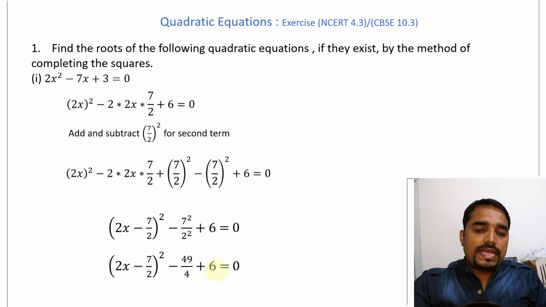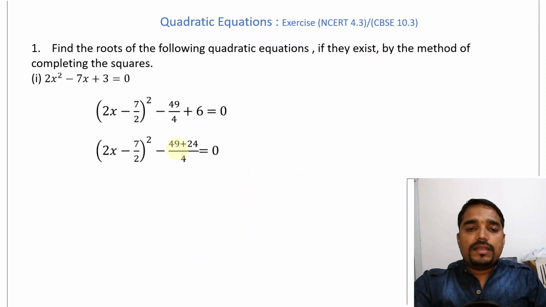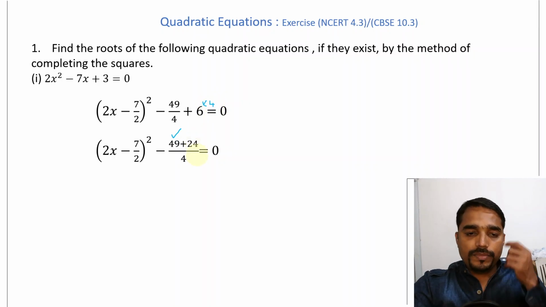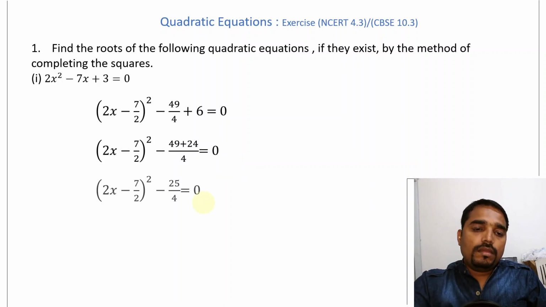To simplify, let us take LCM between these two terms. 4 is the LCM. If 4 is the LCM, then first term 49 would be as it is, plus 6 into 4, that is 24. 6 4s are 24. Now we have minus 49 plus 24 whole divided by 4, which would be minus 25 divided by 4.